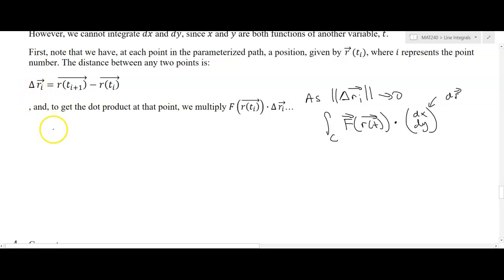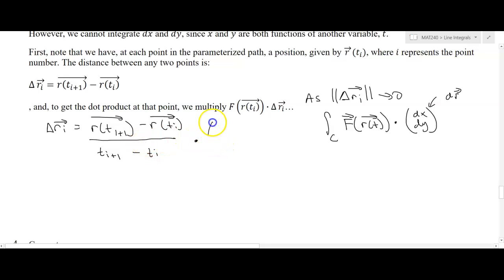Delta r_i, well, that's the difference between two points. So here's an interesting thing. What if I did this? If I took delta r_i equal to the position at time i plus 1 minus the position at time i, and I divided this by the change in t, delta t, which is t_(i+1) minus t_i, multiplied by t_(i+1) minus t_i.